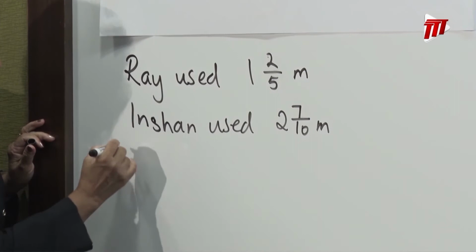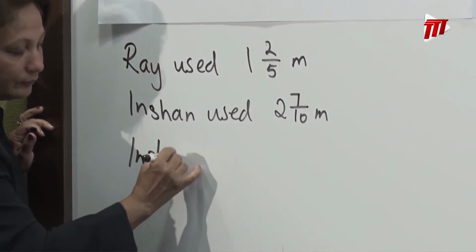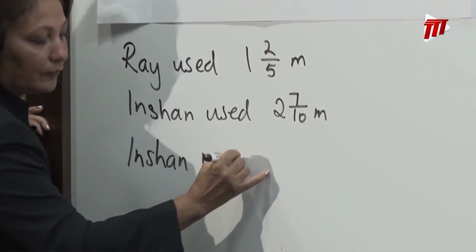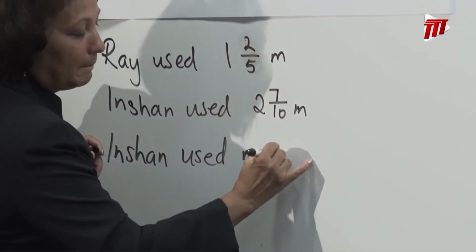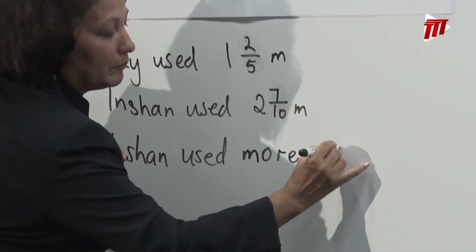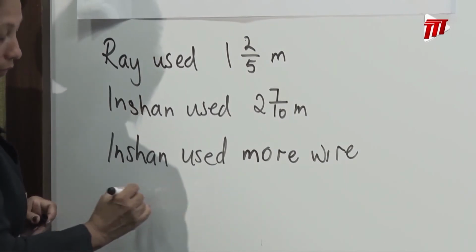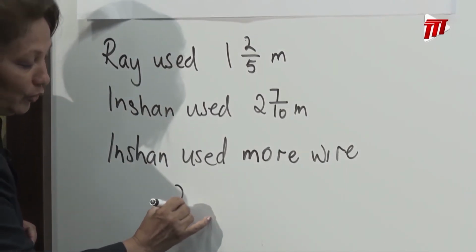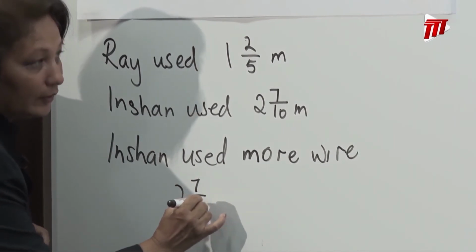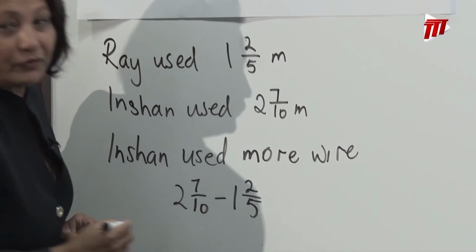So the amount Anjani used more would be 2 7/10 minus 1 2/5.